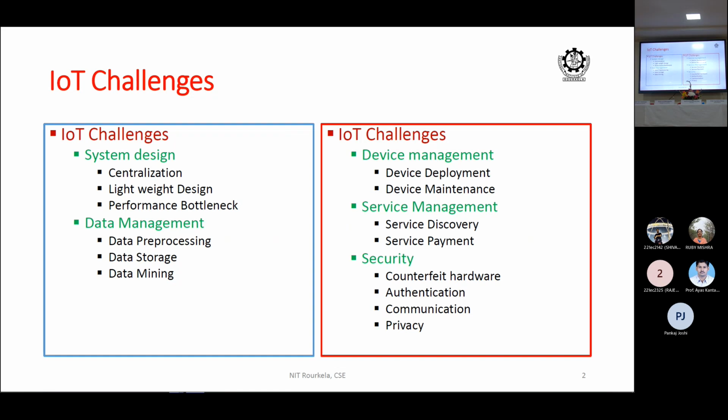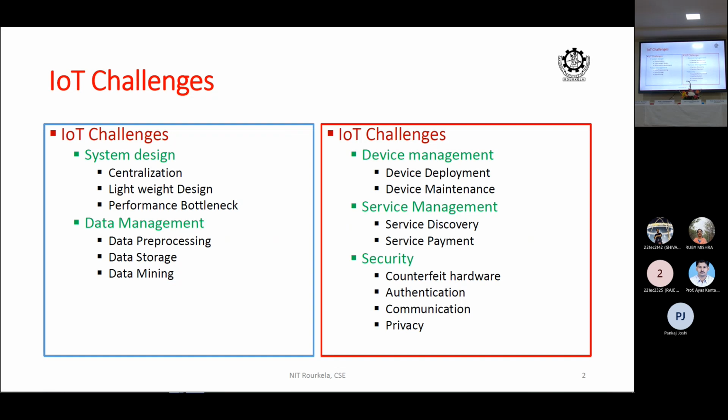Now, if you look at the system design, the IoT infrastructure itself is a highly centralized infrastructure. Any centralized infrastructure has its own demerits, and this comes with a performance bottleneck. We will discuss all this.